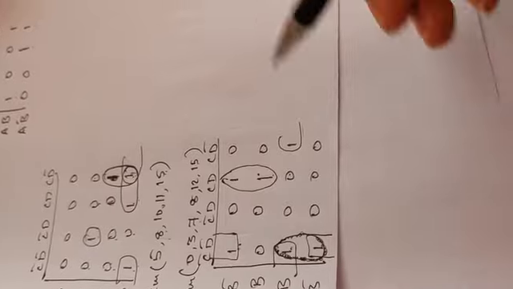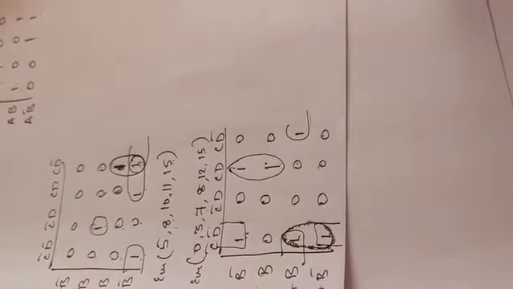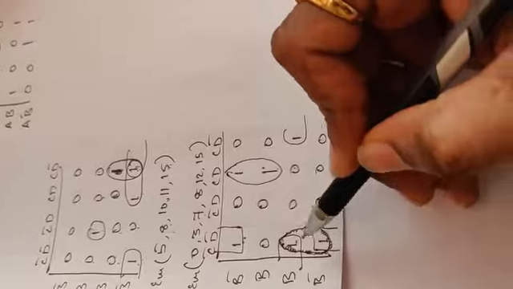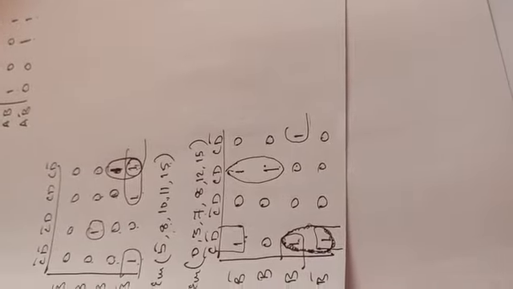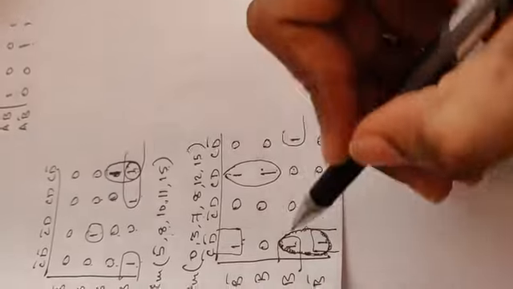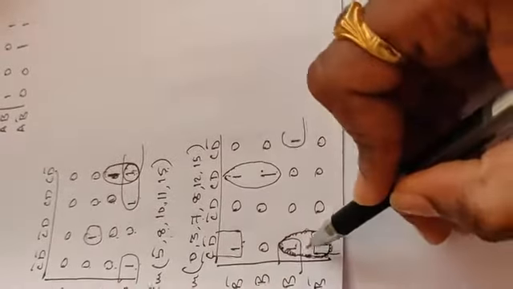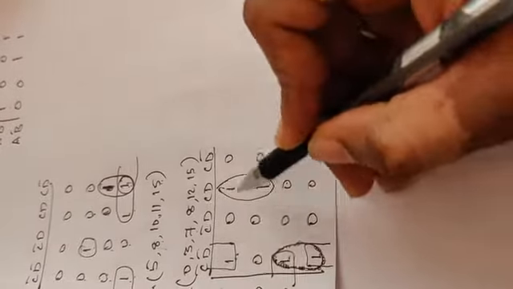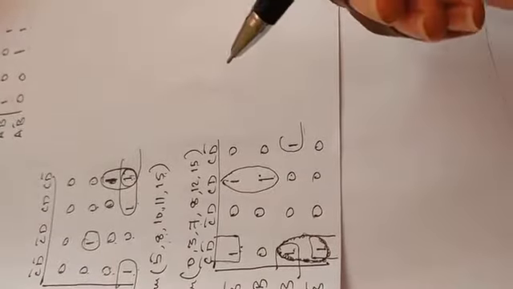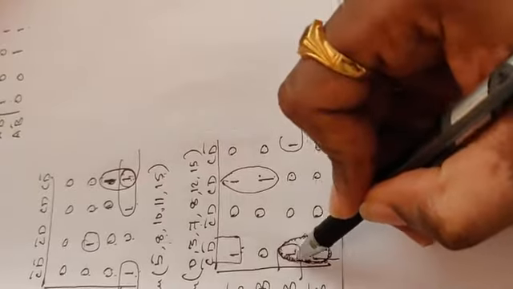So the thing is, you are not supposed to leave any ones. If you group this one, the number of groups will be more. It increases the size of the expression. So if you make a group like this, none of the ones will be left, right? So what is the necessity of grouping this one?